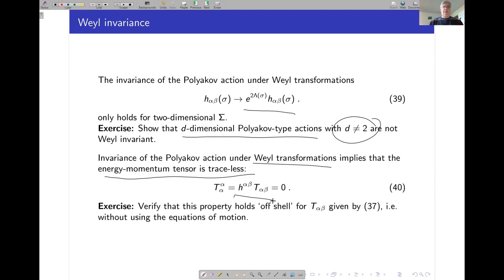Given this, you should be able to verify that the expression I gave you for the energy momentum tensor is indeed traceless. And this condition holds without using the equations of motion, so it is off shell. So what we know so far about the energy momentum tensor is it is traceless off shell and conserved on shell. And those are things that we will need to use in order to deal with our constraints.